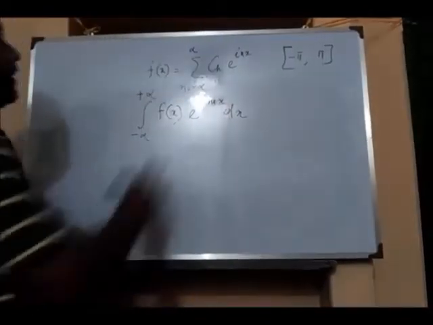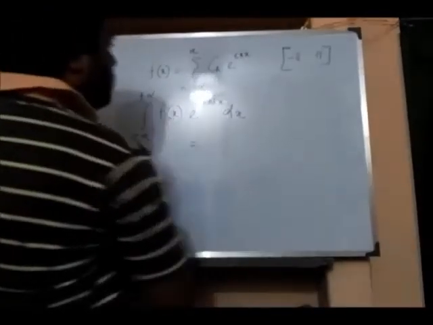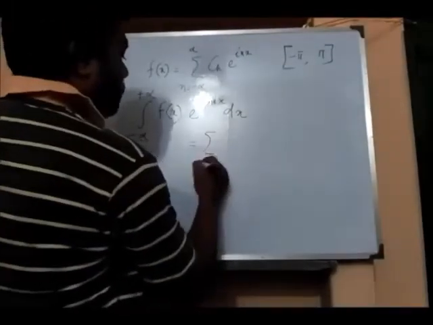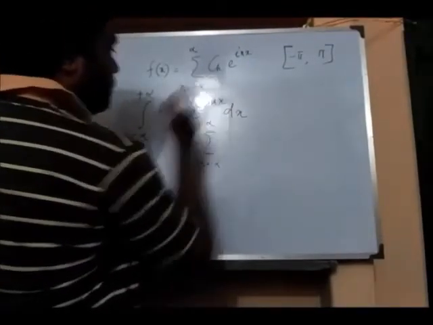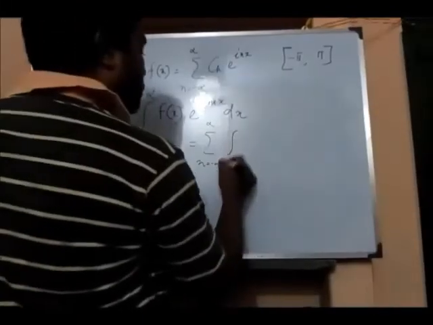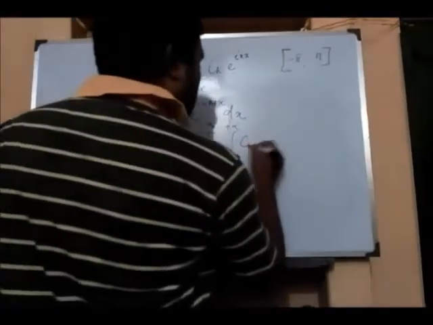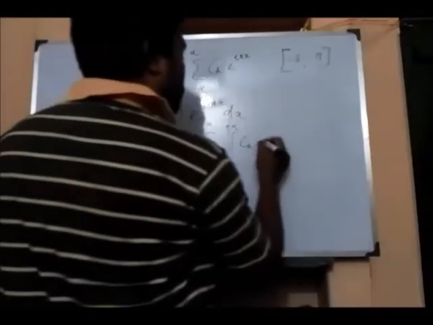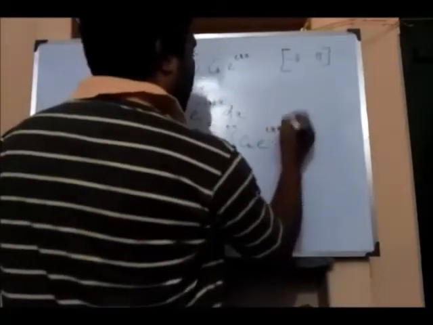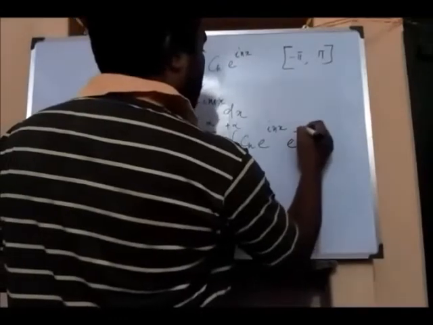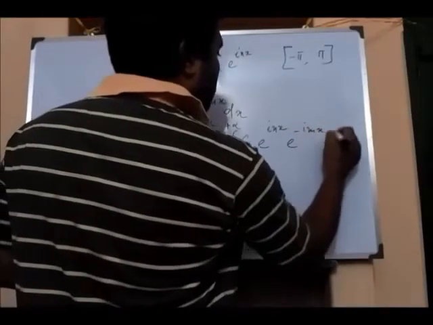So what you will get on the right hand side is the sum over n equal to minus infinity to plus infinity, integration from minus infinity to plus infinity, c n e to the power i n x e to the power minus i m x dx.